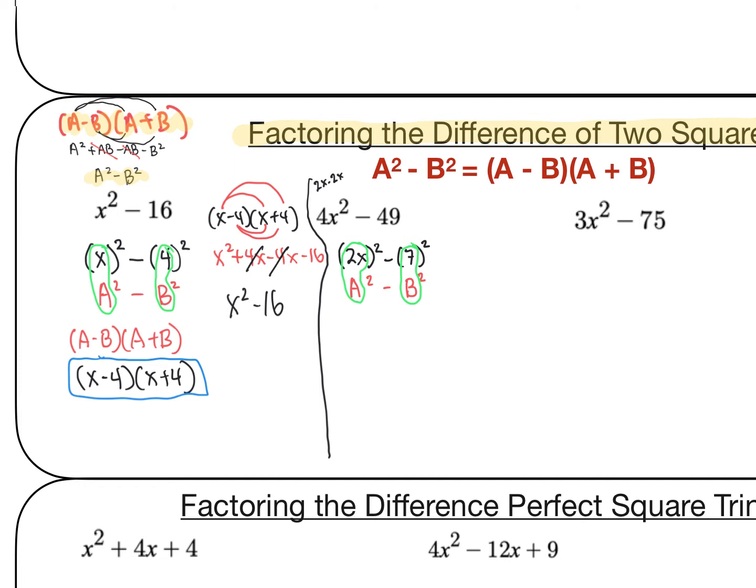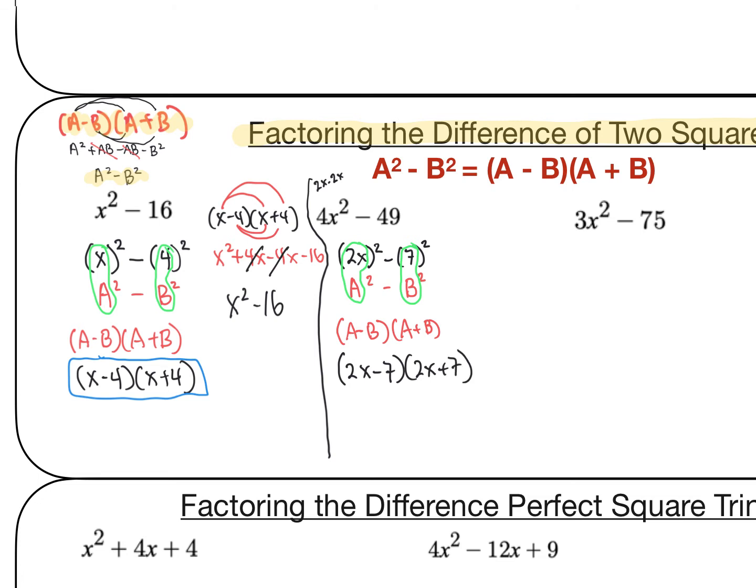So when I write out the factoring pattern, which is a minus b times a plus b, I just drop in the values for a, which is going to be 2x, and b: 2x minus 7 and 2x plus 7. And that follows the pattern.